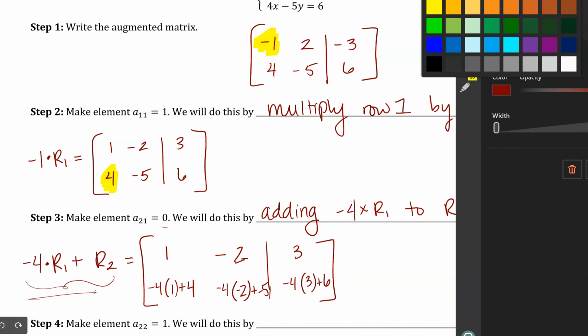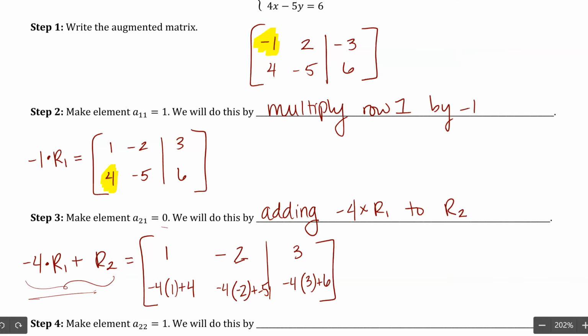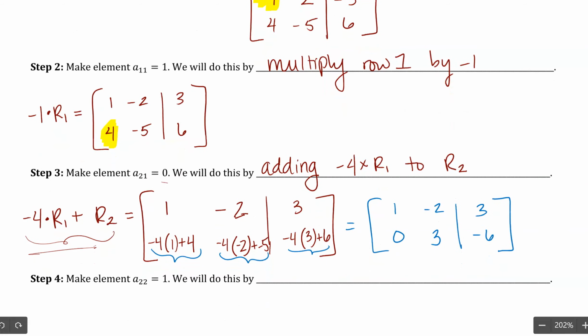Now we can take all of these and calculate them, and these are the new entries in row 2. So now our matrix looks like 1, -2, 3, and then -4 plus 4 is 0, +8 plus -5 is 3, -12 plus 6 is -6. So there is our new matrix.